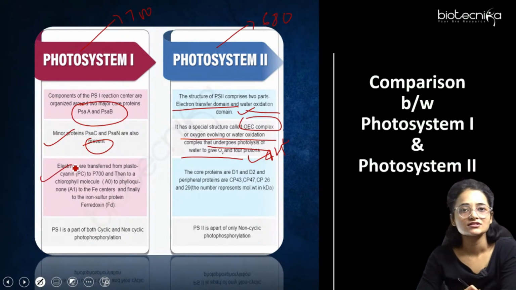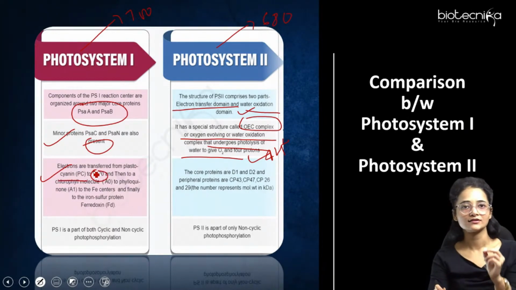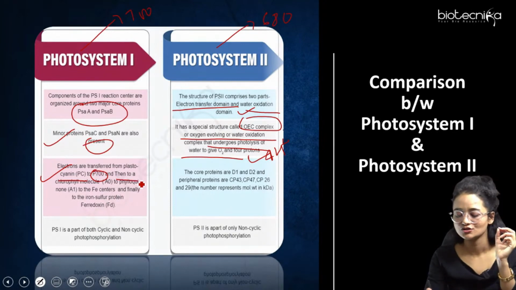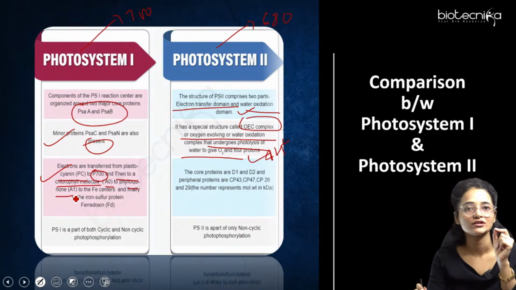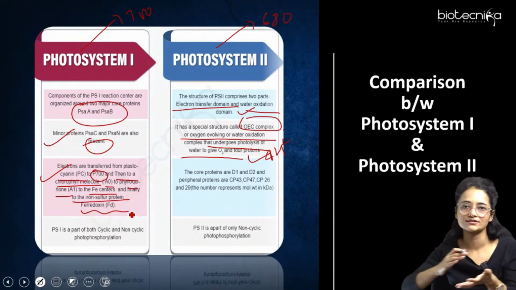Then coming to the electrons, which are transferred from plastocyanin. Here the electron is transferred from plastocyanin to photosystem 1, that is P700, and then to the chlorophyll molecule A0, to the phylloquinone A1, to the Fe center, and finally to the iron sulfur protein, that is ferredoxin. So this is the order they have given.